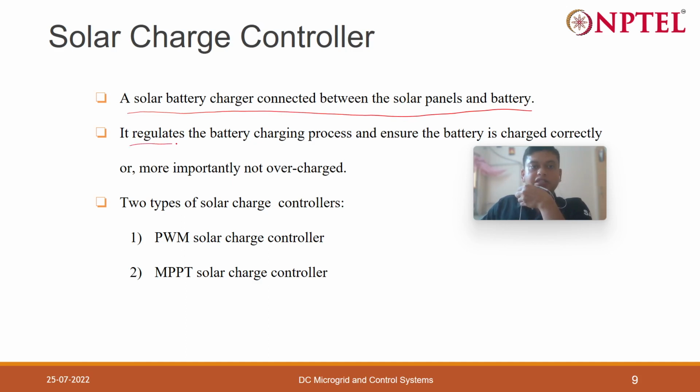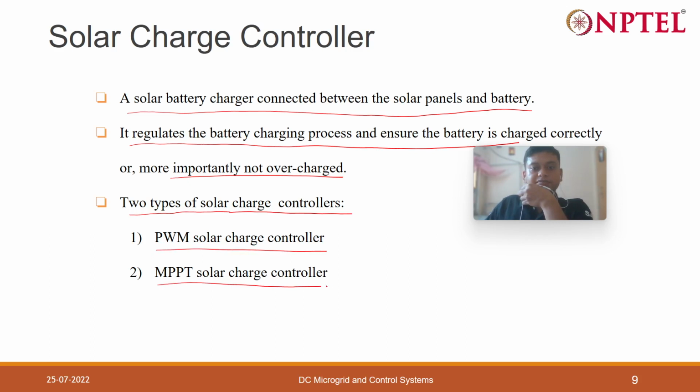It regulates the battery charging process and ensures the battery is charged correctly and, more importantly, not overcharged. That is the main function of a solar charge controller. There are two types of solar charge controllers you can mainly find in the market: PWM solar charge controller or MPPT solar charge controller.